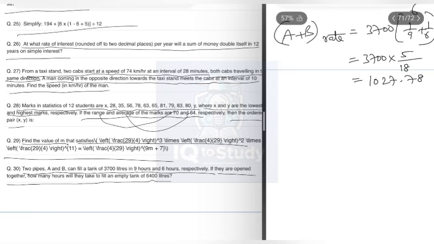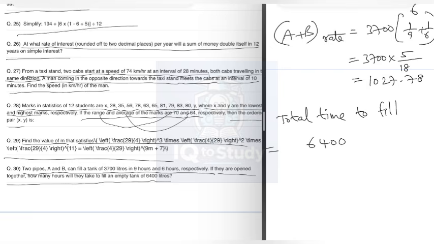And total time to fill is 6400 divided by 1027.78, which is equal to 6.23 hours.